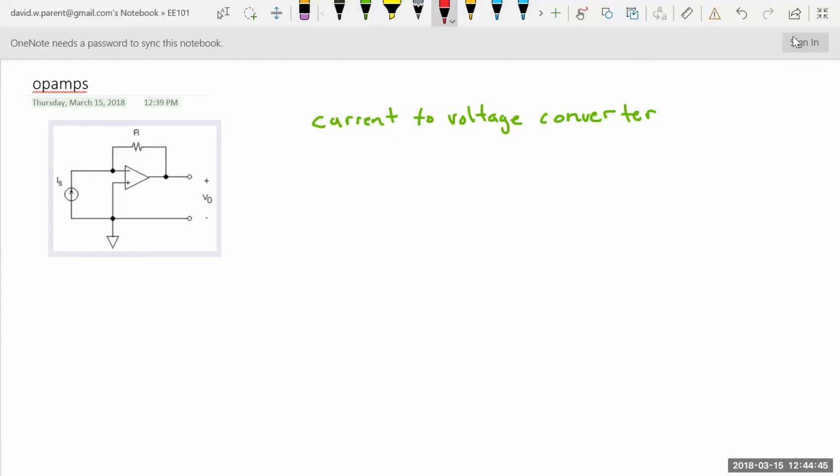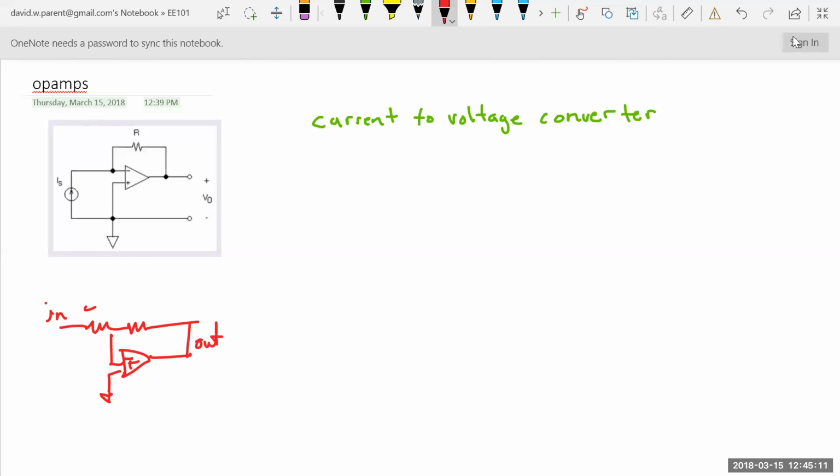But from an analysis perspective, it's kind of interesting too, because there's a little bit of a trick question. And what I'm going to do is just put down below an inverting amplifier.